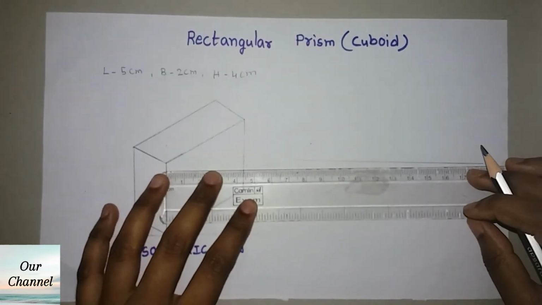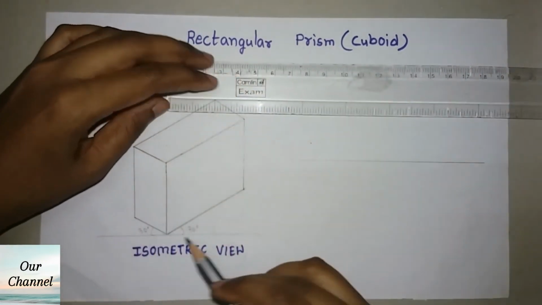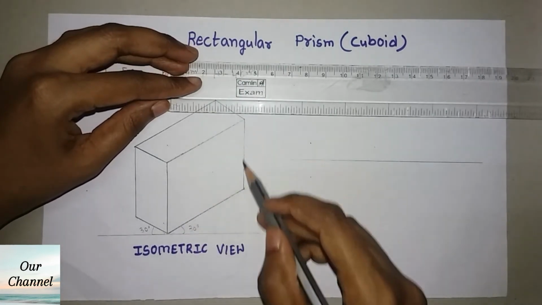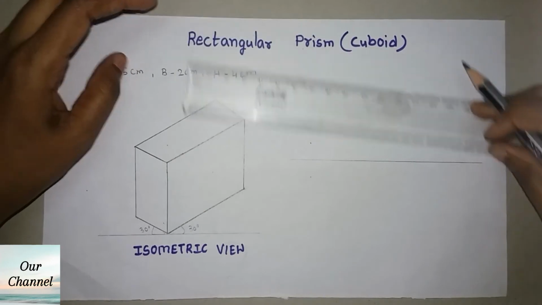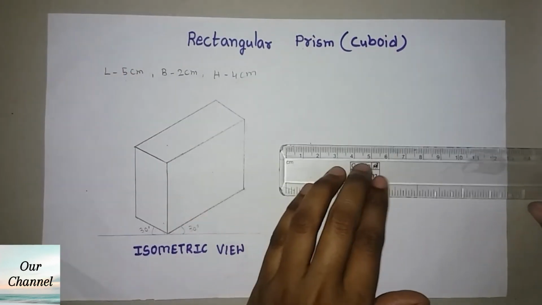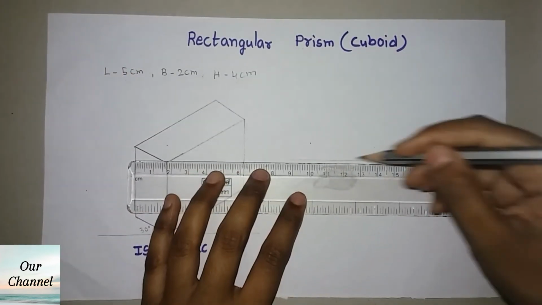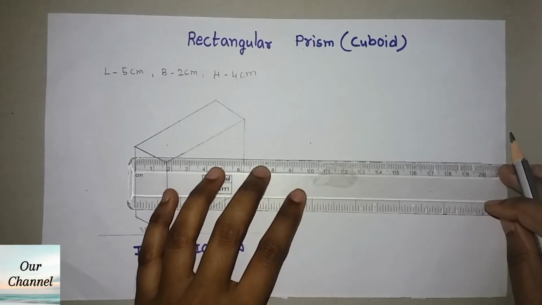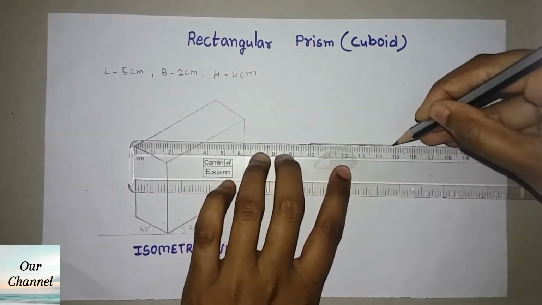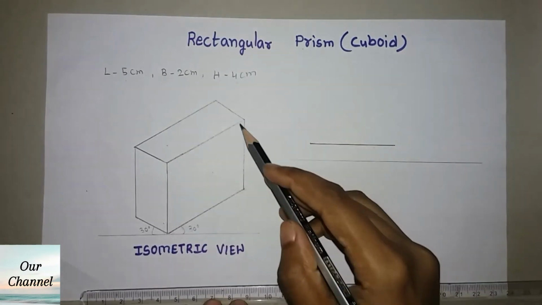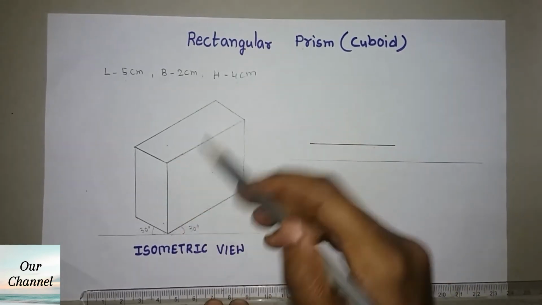Parallel to this, the front view we can see, this is our front view and its length is 5 centimeters. So we should draw a 5 centimeter line here which is parallel to the line which we drew earlier. So this is 5 centimeters. So this is the front view. Height is 4 centimeters.